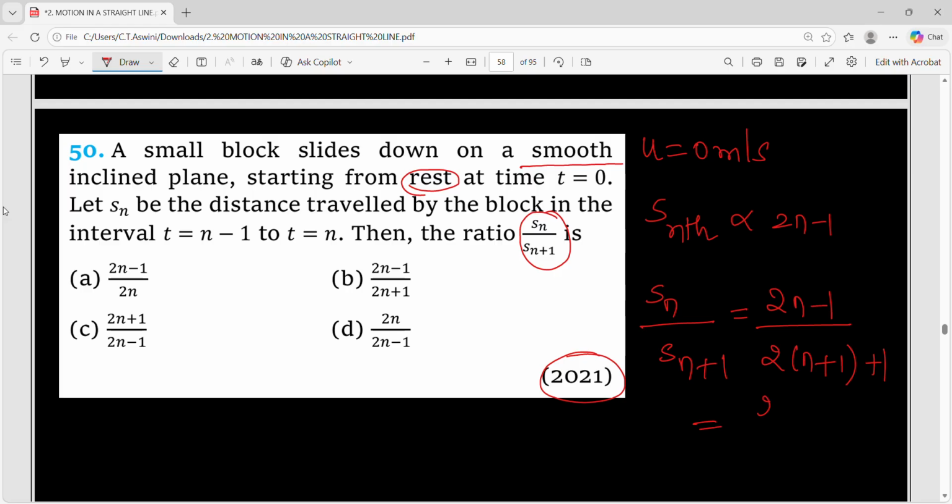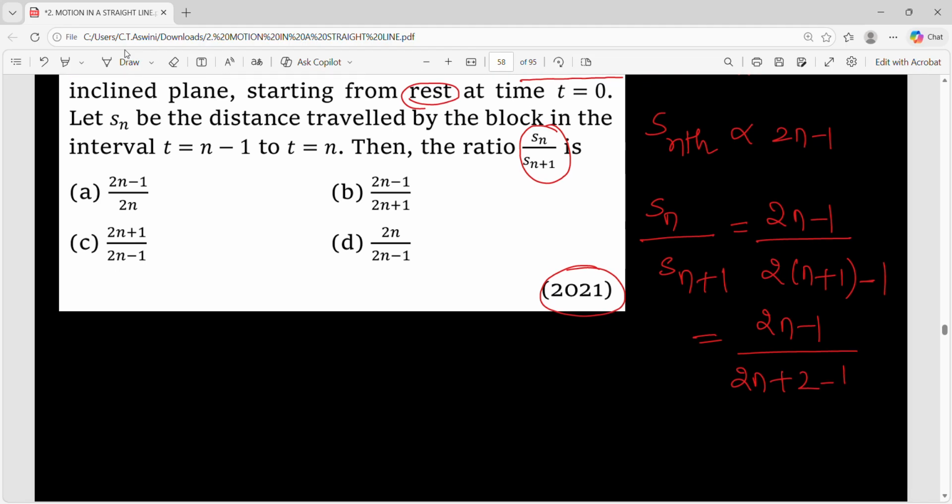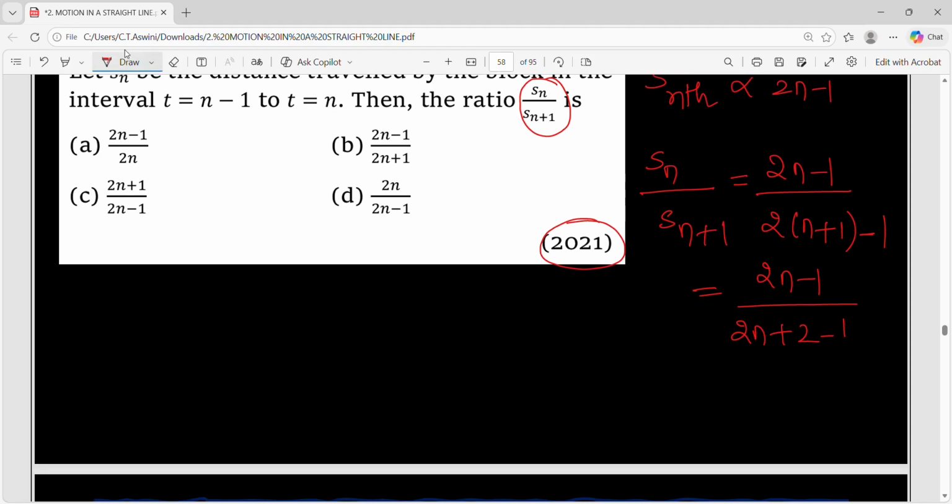So what will you get? 2n minus 1 upon 2n plus 2 minus 1, right? I'm so sorry. Formula is 2n minus 1, not 2n plus 1. Sorry students, by mistake. So 2n minus 1, and here it is minus 1. So what will be the answer? 2n minus 1 upon 2n plus 1. So where is this option? It is in option number B. So very simple. Just be thorough with S nth formula.